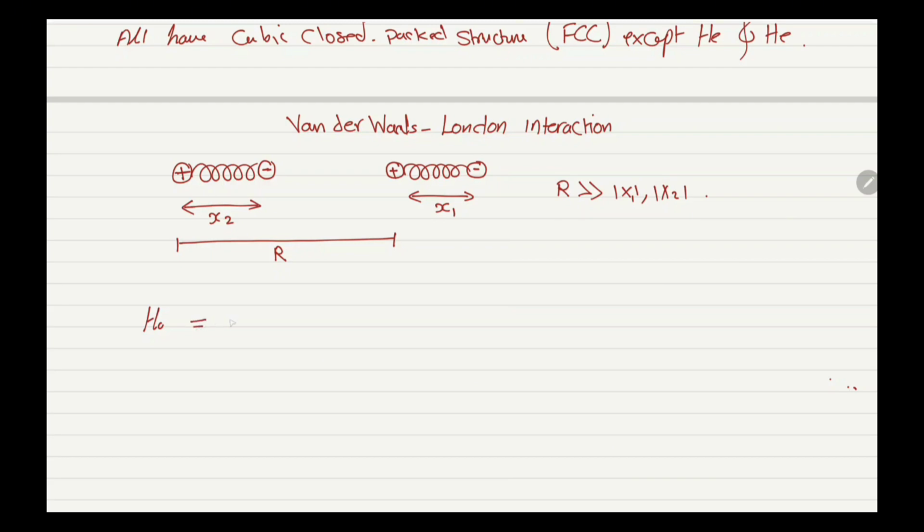So the Hamiltonian is equal to p1 squared over 2m plus half C x1 squared plus p2 squared over 2m plus half C x2 squared. Here C is the force constant, which is equal to m omega naught squared.